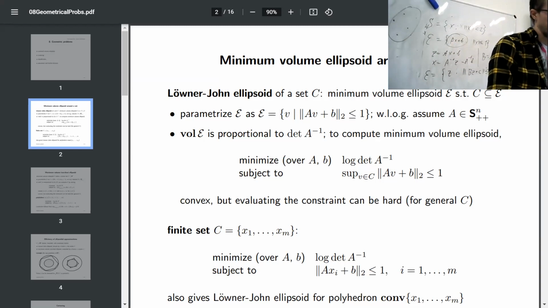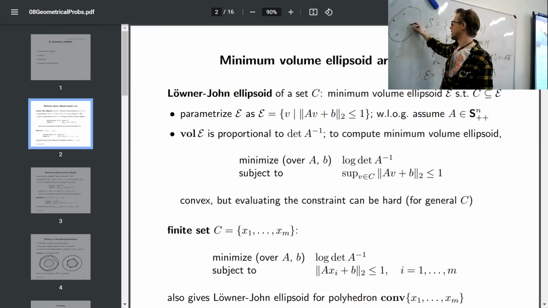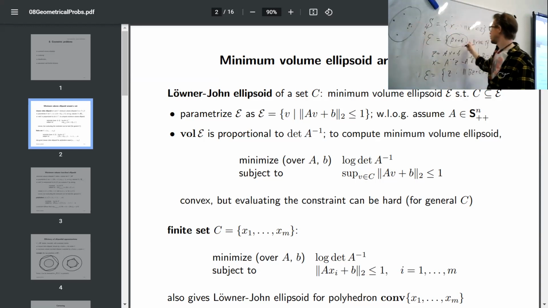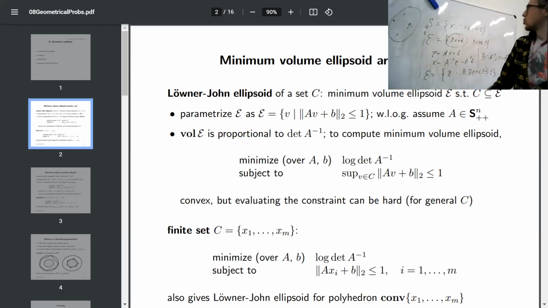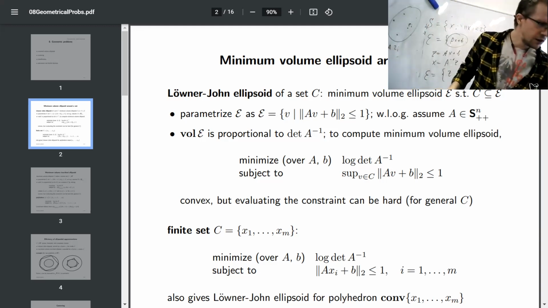basically, what we need to happen is that every point here, let's call it r_i, should correspond to this kind of situation, right? So basically, what needs to happen is that A r_i plus... Is that correct?